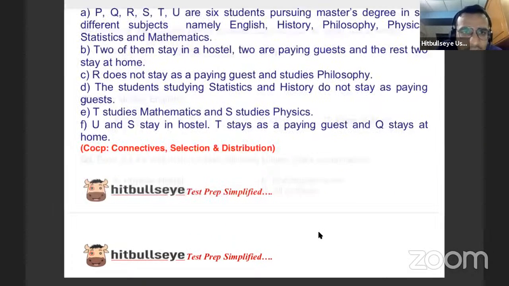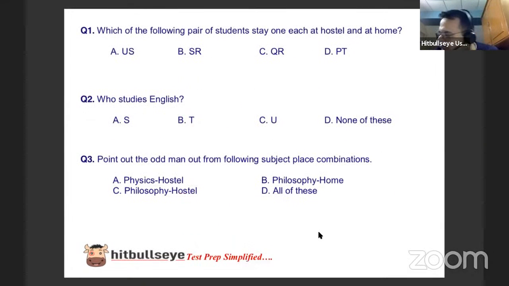All right, let's look at question number 1, 2, 3, all three together.